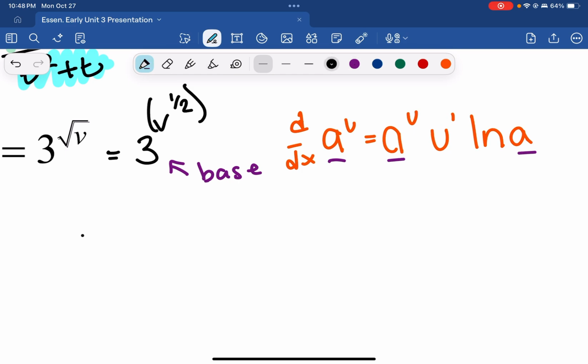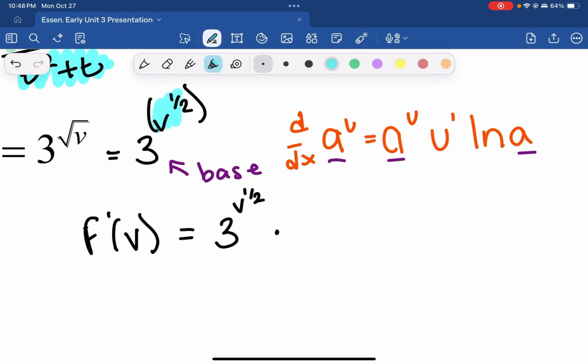So our derivative is going to equal our base to the u times the derivative of our u, so the derivative of v to the 1/2. That derivative is going to be 1/2 v to the negative 1/2.